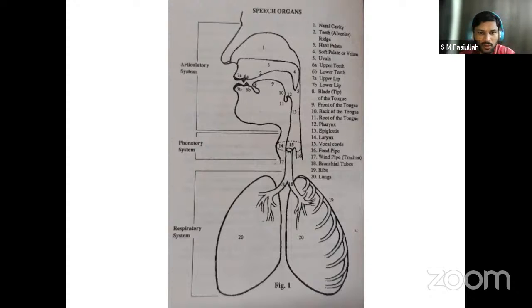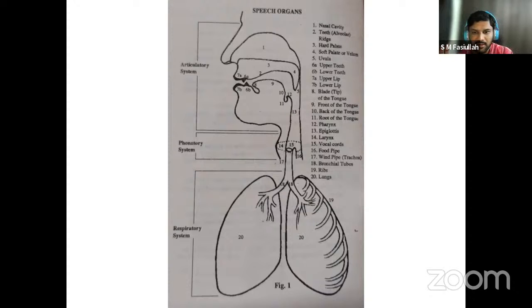First one is the articulatory system. The second is called the phonatory system, and the last one is called the respiratory system. So in the overall production of sound, three different major areas of the body are involved.